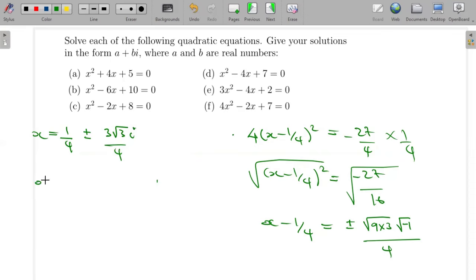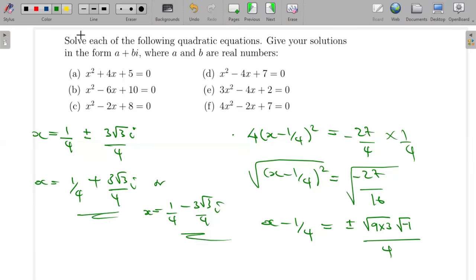Okay, so meaning your answer is just going to be 1 over 4 plus 3 root 3 over 4 times I, or the other one, that is just x equal to 1 over 4 minus 3 root 3 over 4, and then your I. Okay, so this here is what I get to be the answer.